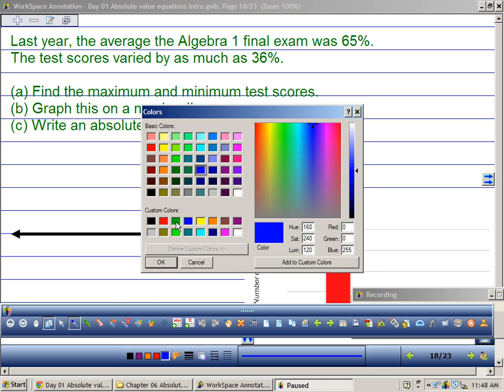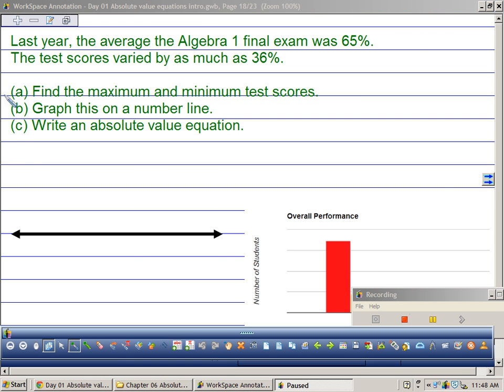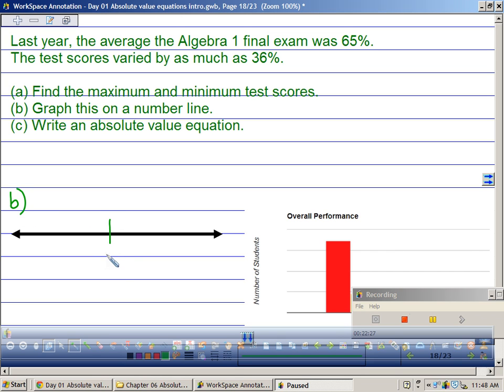Let me change my color. You know me in colors. So I'm going to start with B first. I think graphing just makes it so you can see it. What's my middle, Gilbert? 65. And how far am I going to travel in this direction? 36. And in this direction? 36.